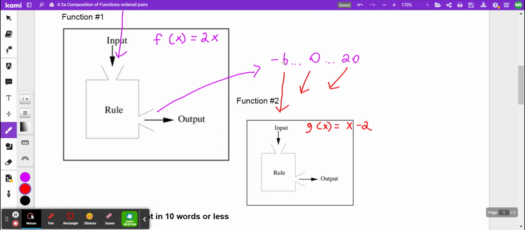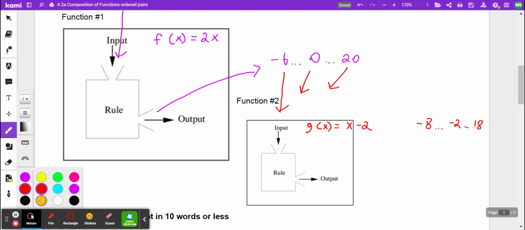So if we plugged in -6, -6 minus 2 would be -8. If we plugged in 0, 0 minus 2 is -2. And if we plugged in 20, 20 minus 2 is 18.